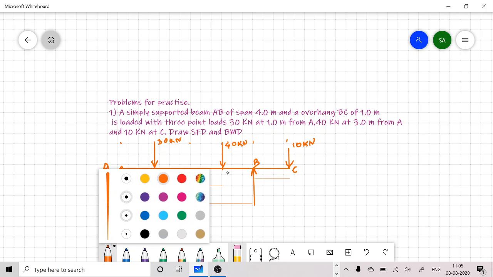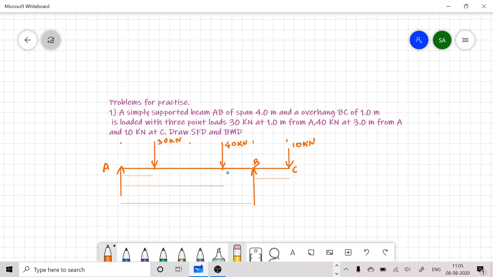Now I will mark the distances. This is 1 meter, 3 meter, A to B 4 meter, and overhang is 1 meter.